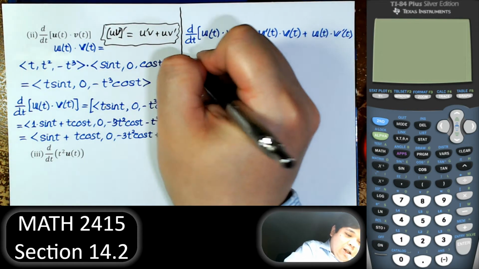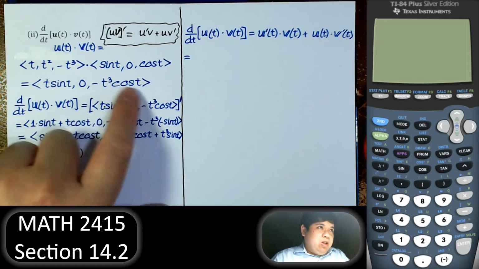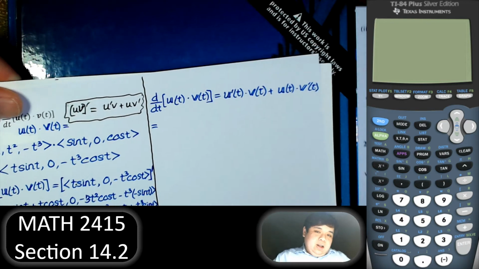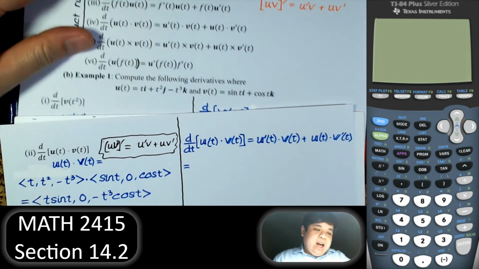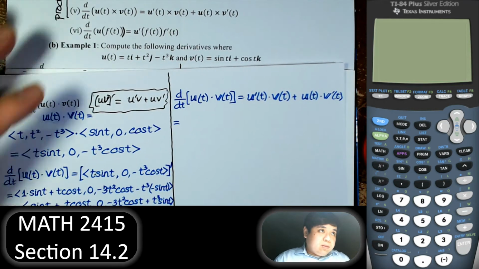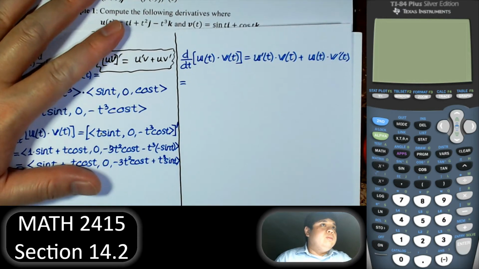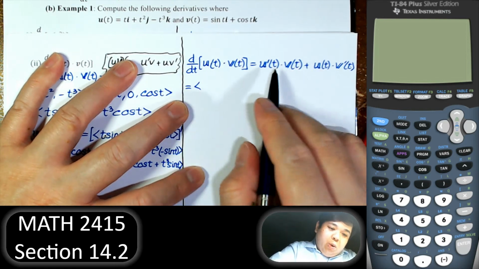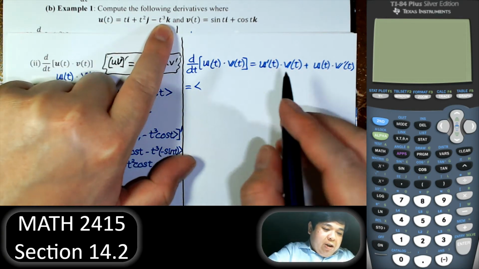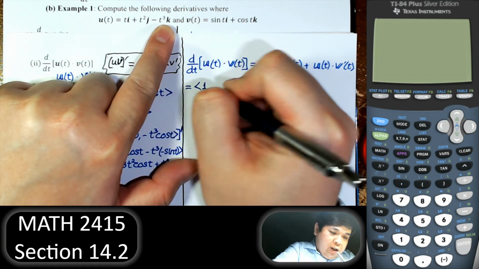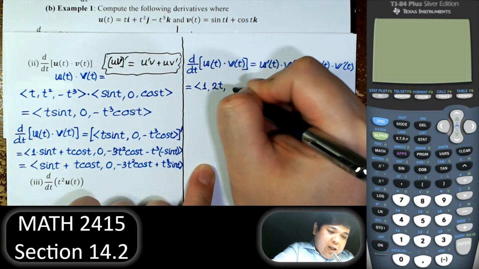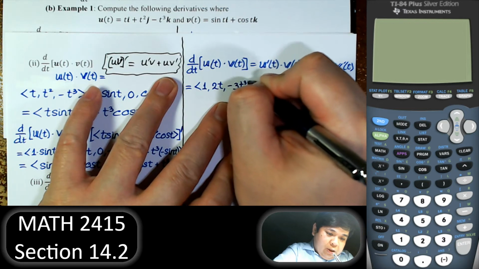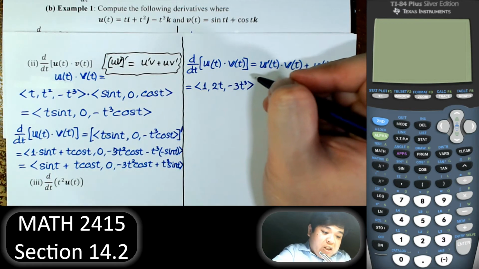Right. So again, I will write using the components like this. Once again, we have u and v like that. So the derivative of u, the derivative of that: 1, 2t, negative 3t squared, right?